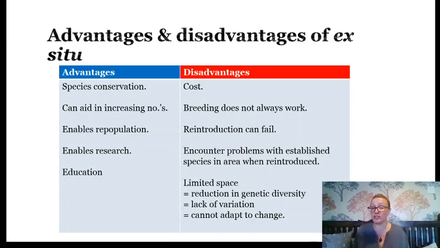Breeding programs don't always work. Reintroductions can fail. And they might actually encounter other problems with the established species in an area when they reintroduce them. Limited space means you've got reduced genetic diversity, so there's a lack of variation, and it means that those species can't adapt to changes.